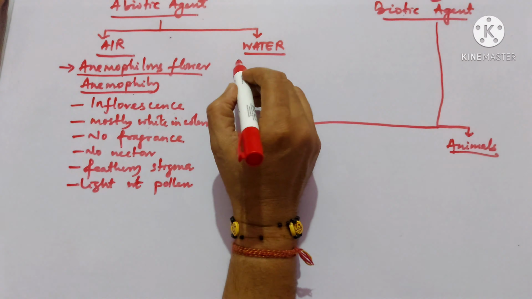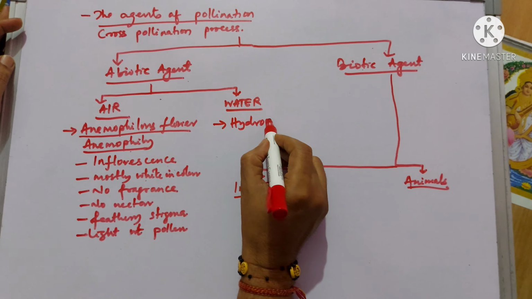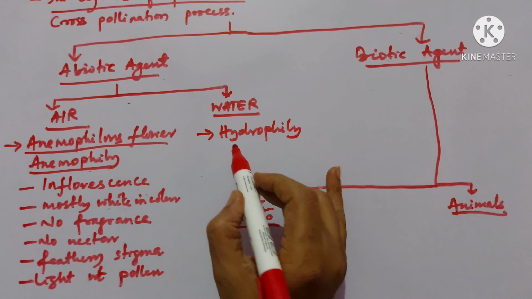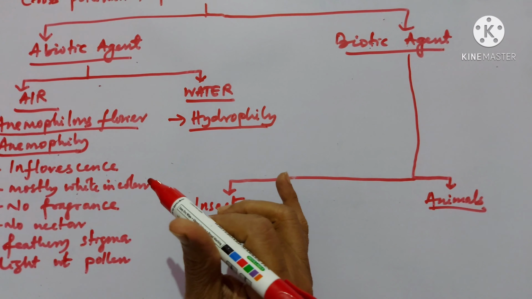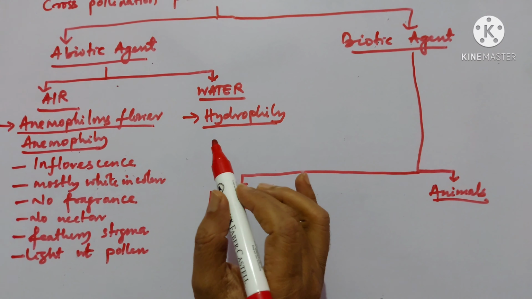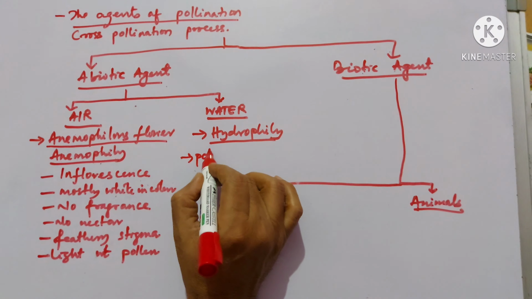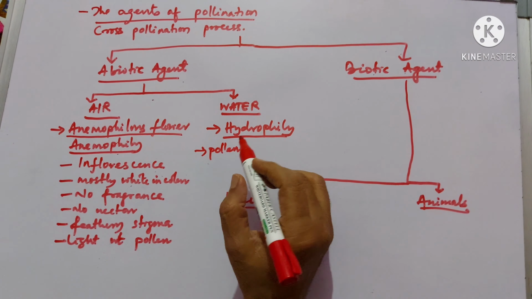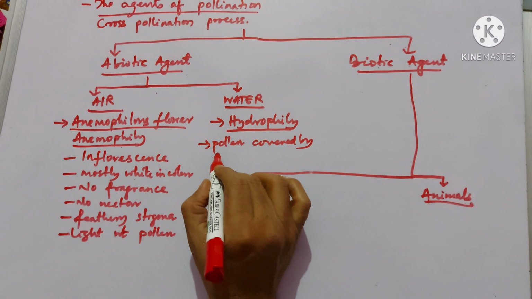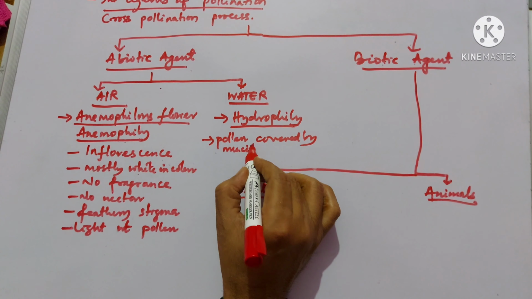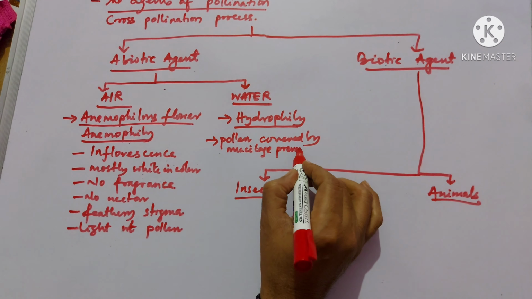Water pollinated flowers are called hydrophily. These flowers may be submerged plants or they may be at the surface level, and basically the pollen is covered by mucilage to prevent wetting.